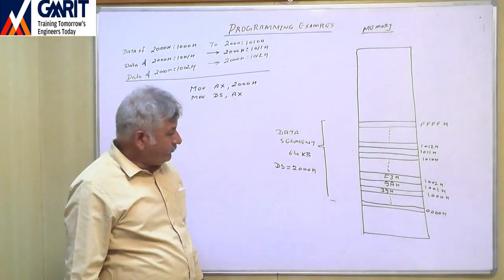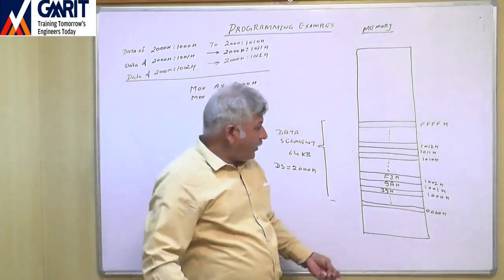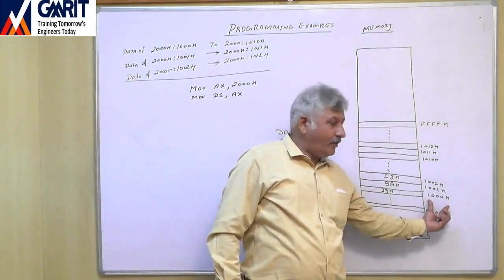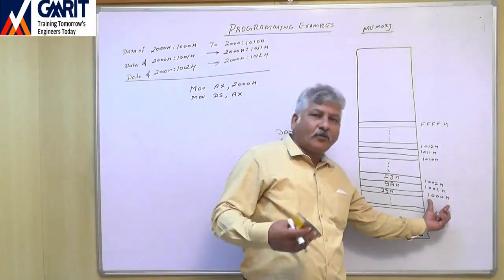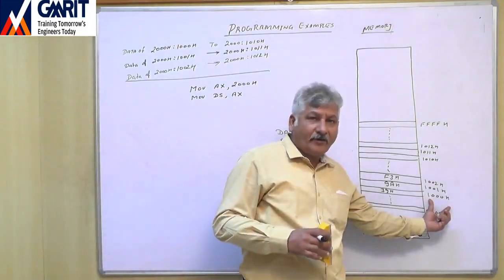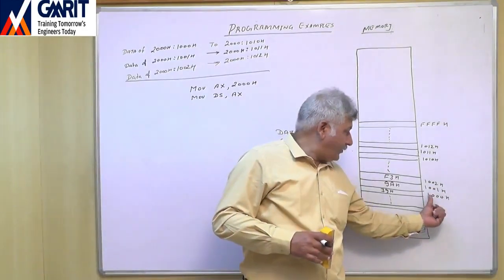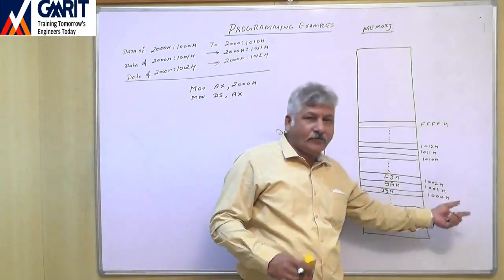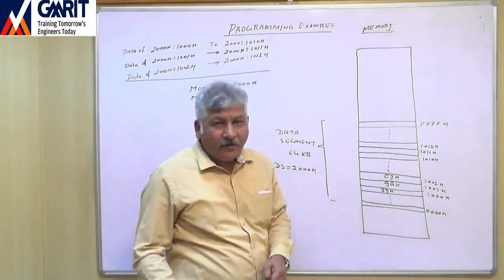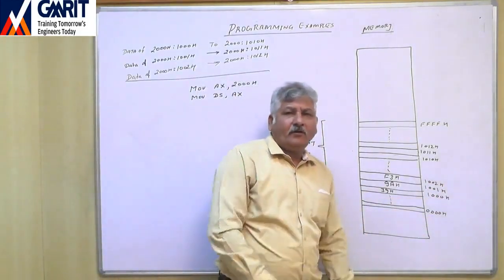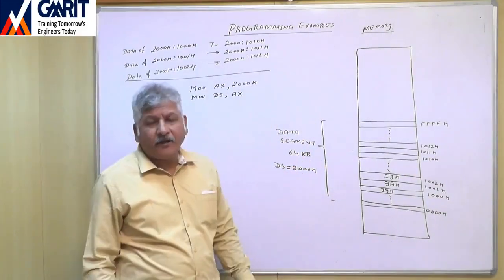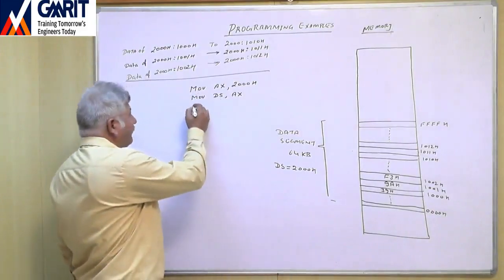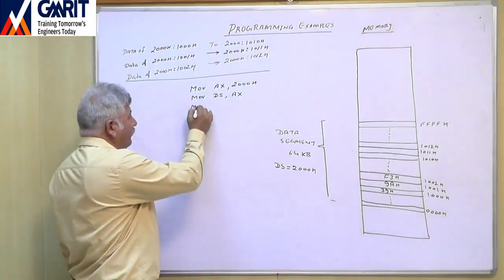Now what we will do, the starting offset address of our source data, which we want to transfer, which is here 1000H and 1001H and 1002H. These are the offset addresses of our source data. So we can use a register or directly also we can use. So now what instruction I will write? MOV.